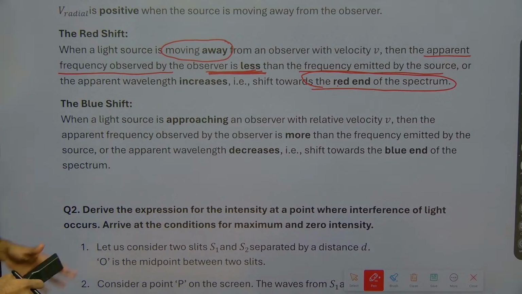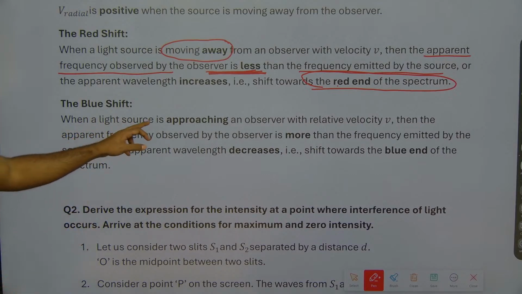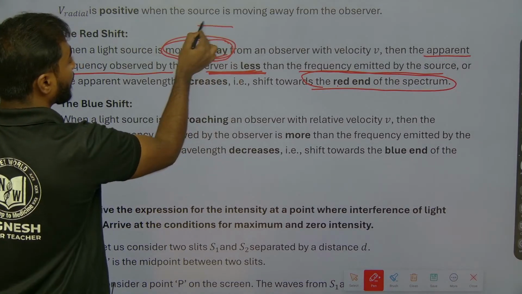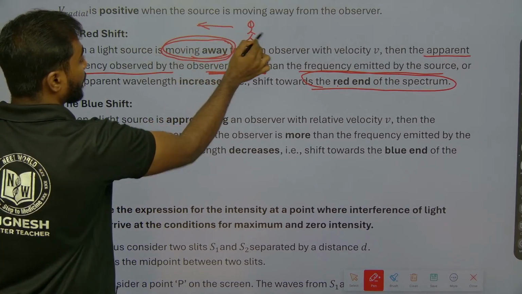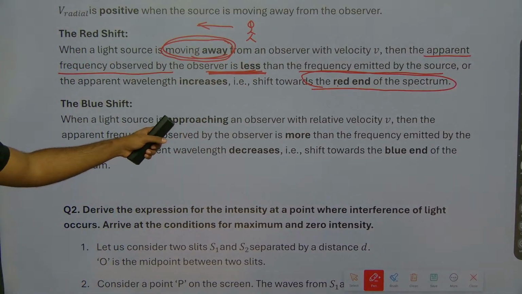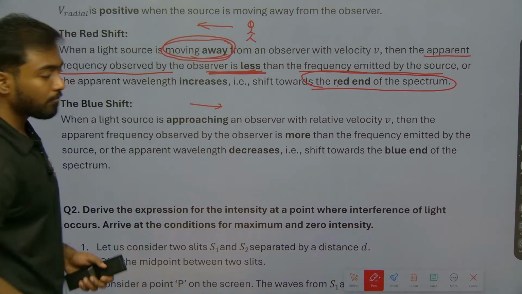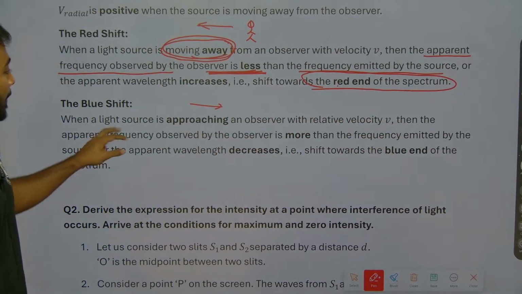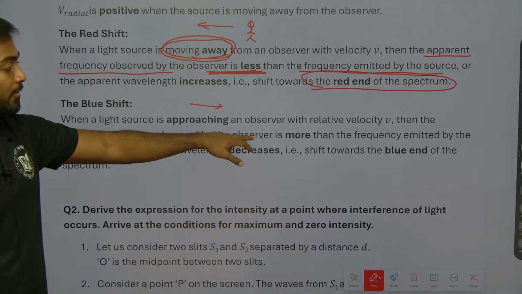Blue shift: when a light source is approaching, coming towards an observer with a relative velocity v, then the apparent frequency observed by the observer is more.